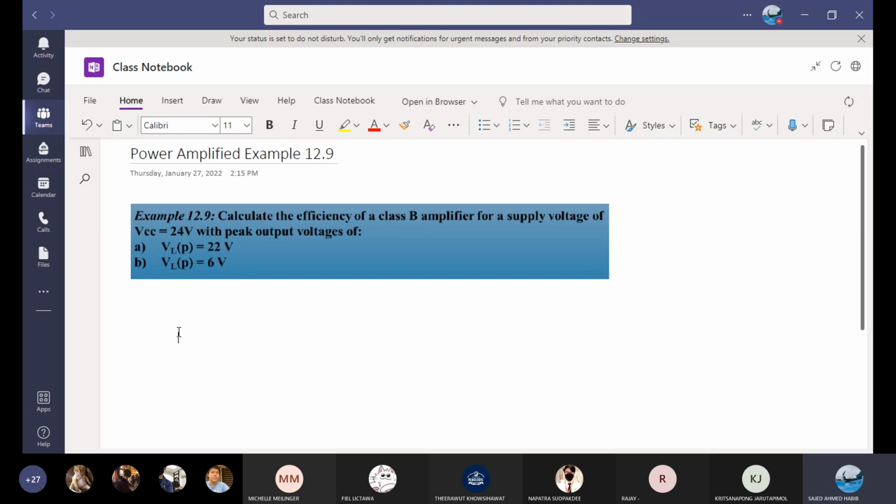For case 1, please find out the efficiency, and case B will be Miss Silicon. Remember the equation which relates the maximum efficiency with the ratio.